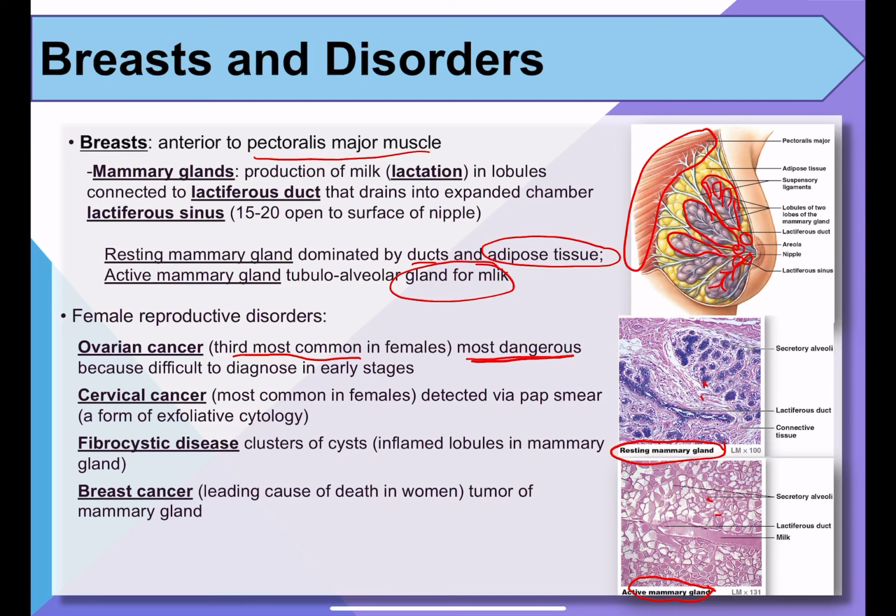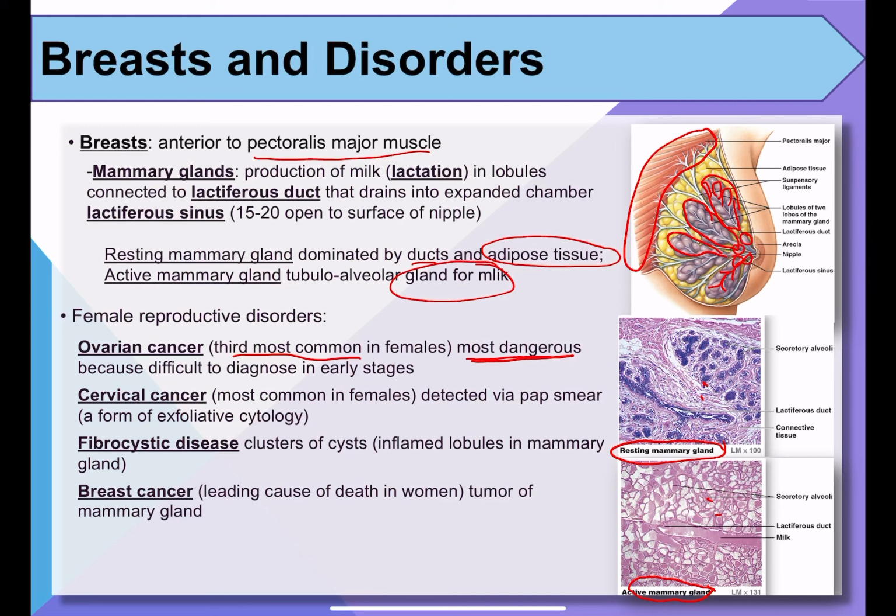So that's why ovarian cancer is most dangerous because it's hard to catch them at an early stage. Contrary to prostate cancer in males where they have that PSA that they can detect in blood. For females, there's no marker we can detect in blood for ovarian cancer.